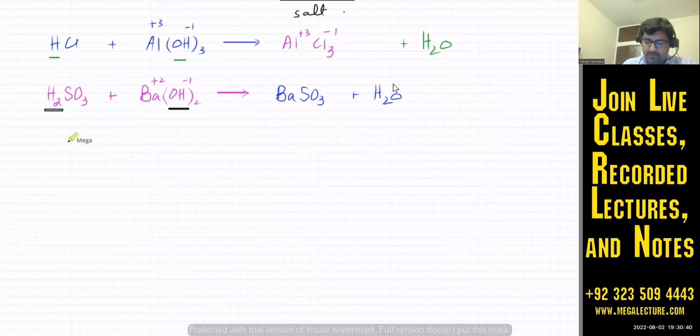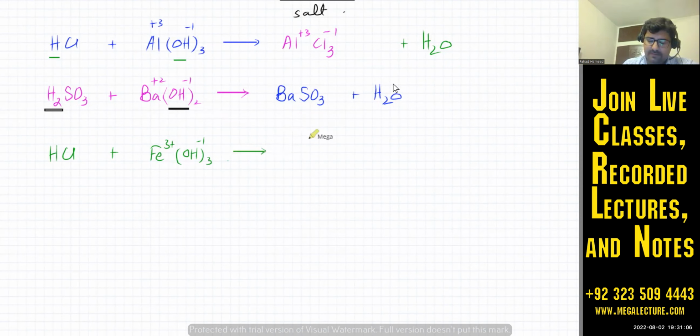और कर लेते हैं थोड़े से और. अच्छा, HCl with iron 3 hydroxide, right? So iron 3 means that iron has a charge of 3 plus. Hydroxide means OH -1. So it's going to be Fe(OH)3, right? So you got an acid, you got a base. And what will happen? क्या बनेगा?